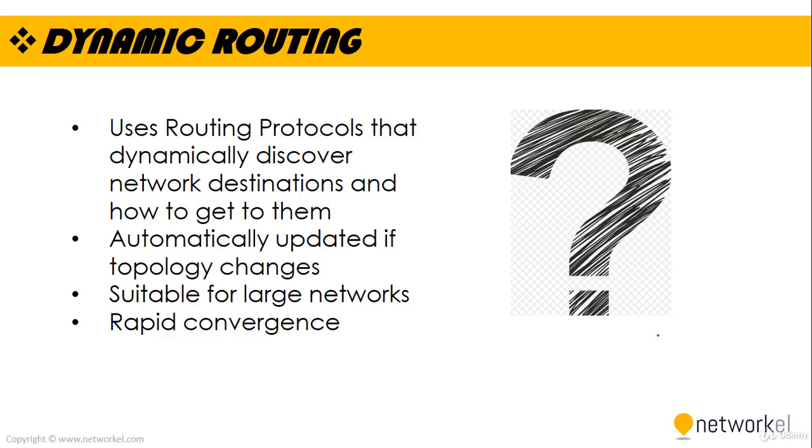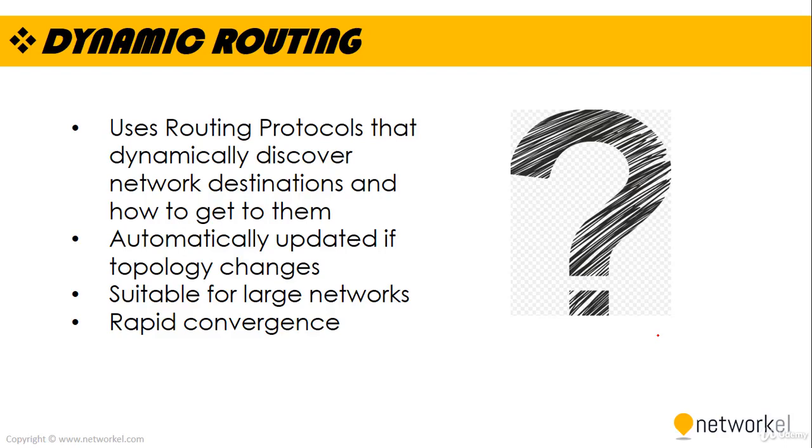Let's go ahead with dynamic routing. Static routing, guys, allows routing tables in specific routers to be set up by the network administrator. Dynamic routing uses routing protocols that dynamically discover the network destinations and how to get to them. Dynamic routing allows routing tables in routers to change if a router on the route goes down or if a network is added.